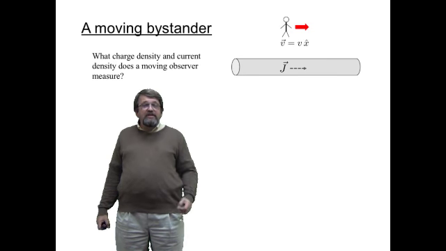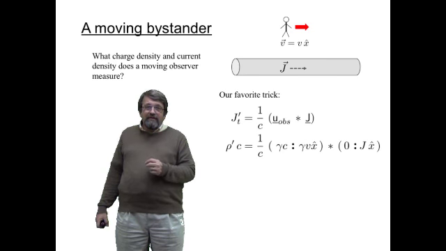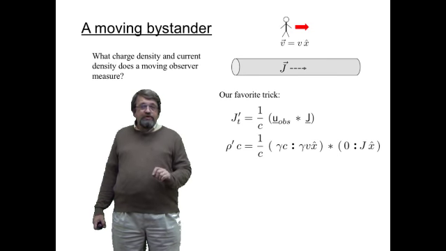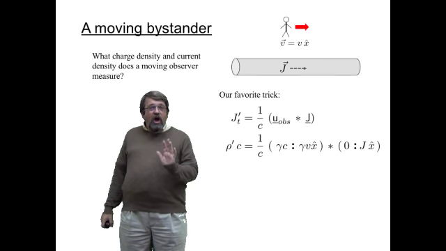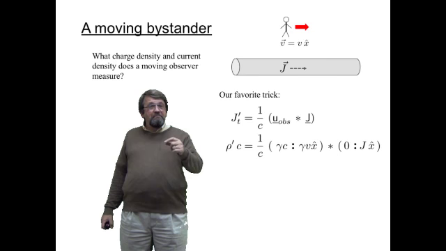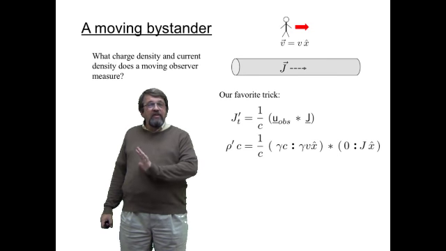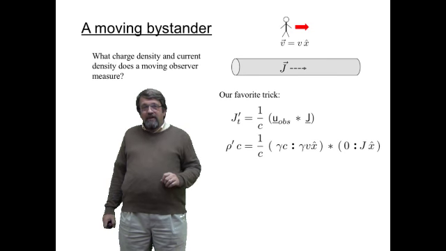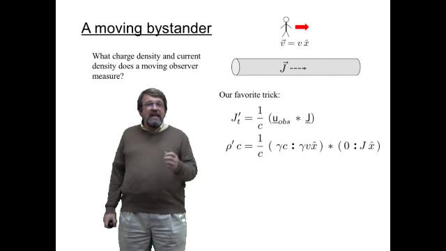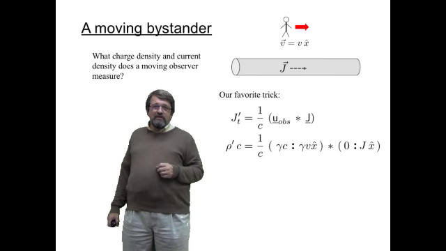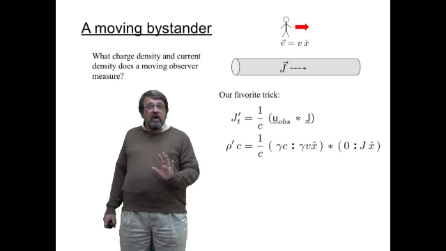We're going to say that the time component of the current 4 vector, as seen by the observer, will just be given by 1 over c times the star product of the 4 velocity of the observer and the current 4 vector. So it's our usual idea of getting the time component as seen by the observer by just taking a star product with the observer's own 4 velocity.